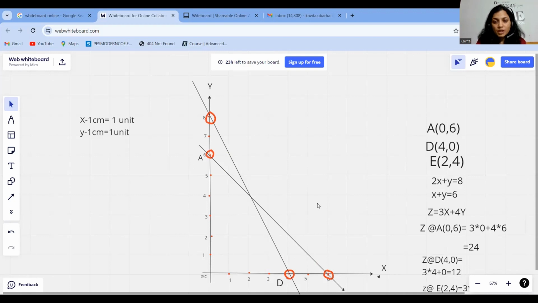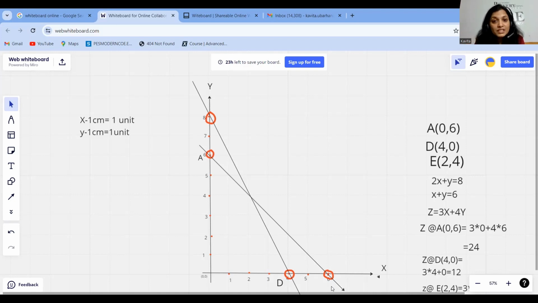Always remember, guys, if your equation has a less than or equal to value, for example, x plus y is less than or equal to 6, your feasible region will always be towards the origin from the line we have drawn.